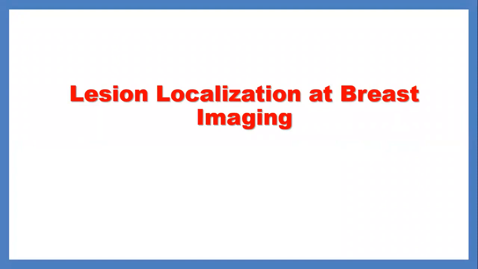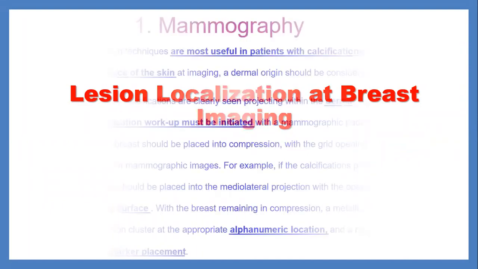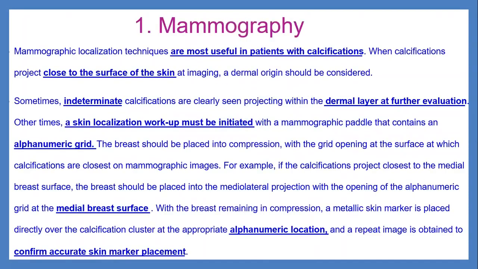Lesion localization in breast imaging. The dermal lesion needs to be localized in imaging. As we mentioned, mammography is more useful in classification, not much useful for identification or localization of dermal lesions.